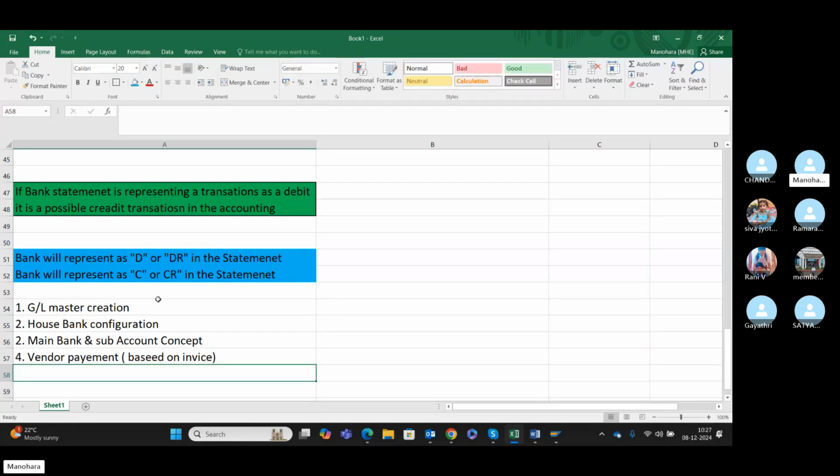And fifth point, customer payment, based on invoice.